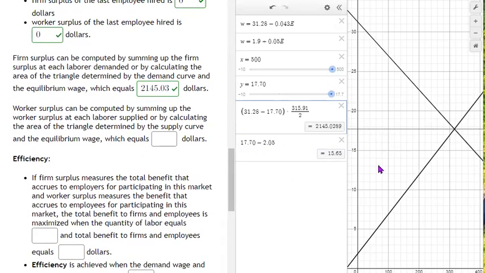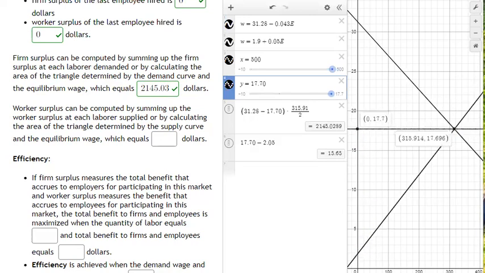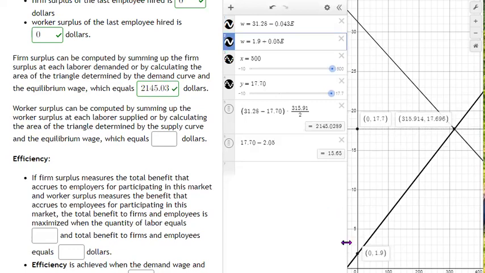Okay. Now, worker surplus, because this curve represents the reservation wages of all the people in this labor market, is the area of this triangle.